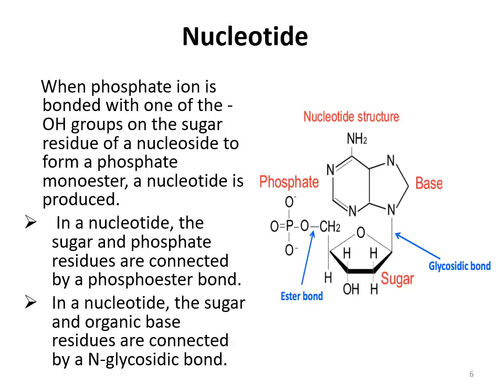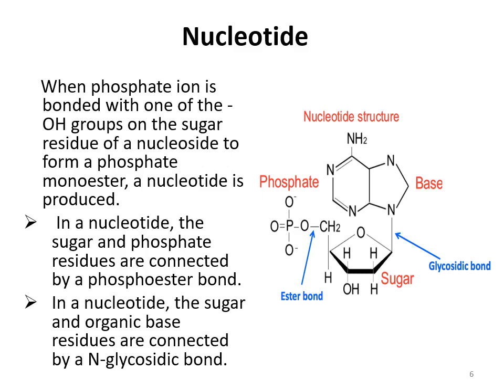Next is nucleotide. How is a nucleotide formed? It is very easy. Base and sugar is called nucleoside, and when a phosphate group is attached to the pentose sugar, it will form a nucleotide.